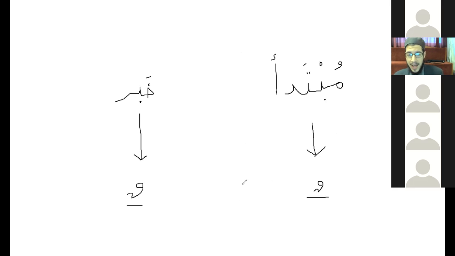What is this grammatical case called? In English, we call it the nominative case. And in Arabic, which is way easier, and I recommend that you learn this, it is called marfu'.